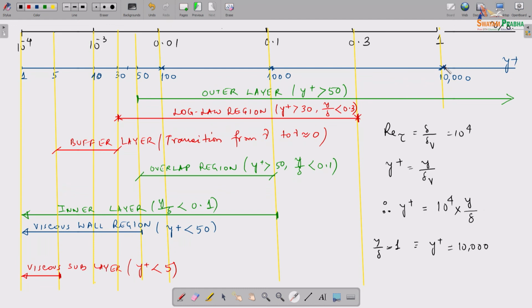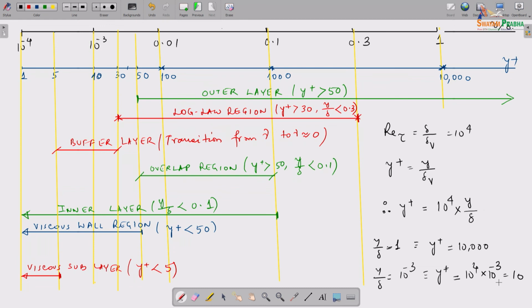So what if y by delta is equal to, say, 10 to the power minus 3? This means that y plus is equal to 10 to the power 4 into 10 to the power minus 3, which is equal to 10, basically.